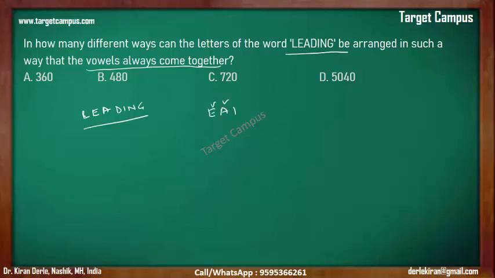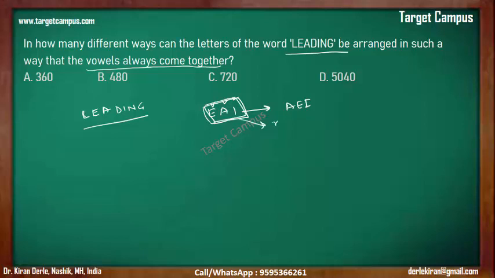These are the three vowels in this, and we want to form words wherein these vowels are always together. Among them, they can have their own arrangement, like A, E, I, or something else, many more, right? So what we can do is make this group together.